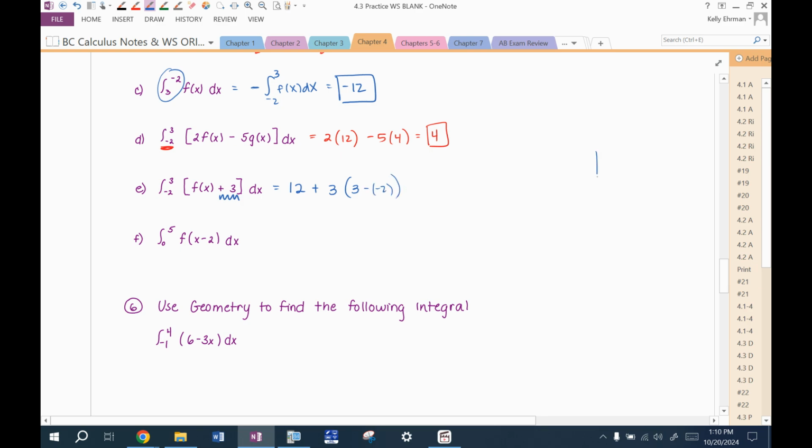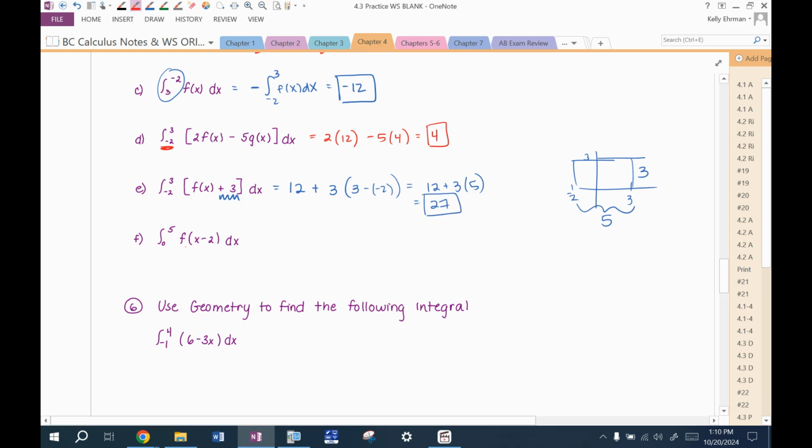And if you need to see that visually, just do a very quick sketch. It's easy to say 3. We're going from negative 2 to 3. So, yeah, this is a distance of 5. This is a height of 3. I'm getting 12 plus 3 times 5. 12 plus 15 is 27.